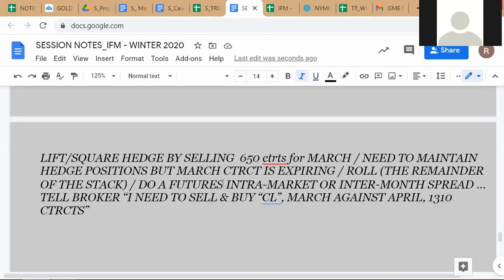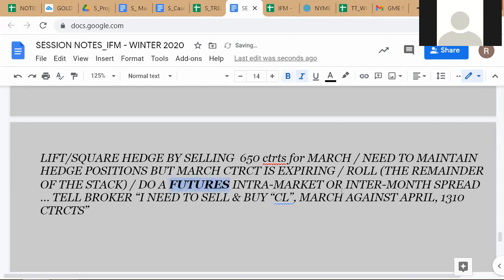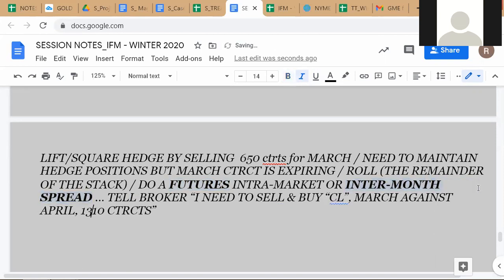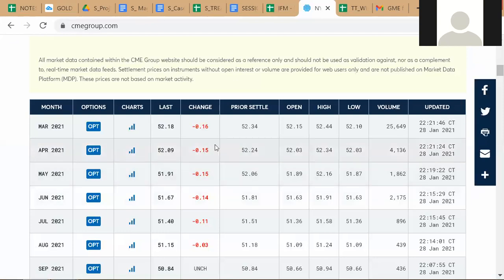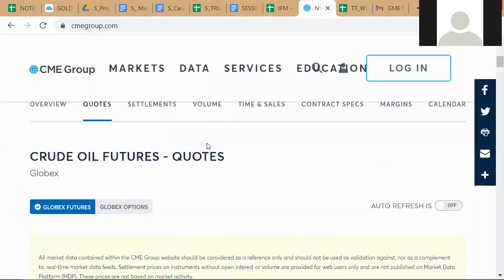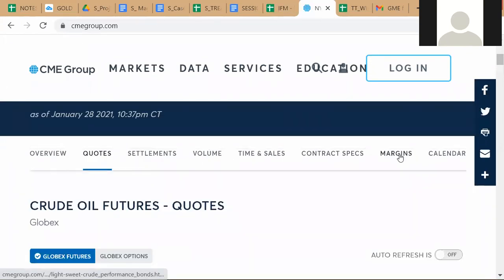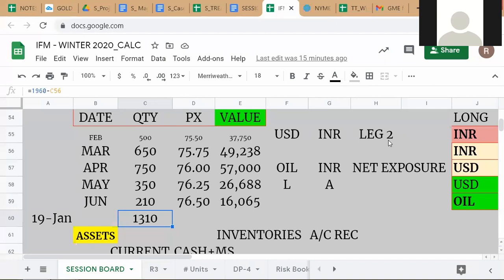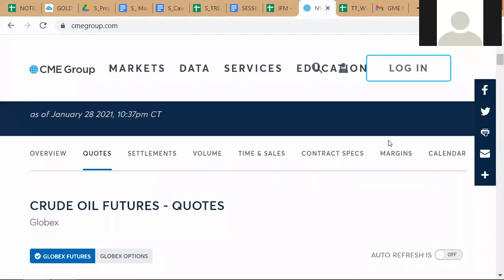If you remember when we discussed margins, you can cross-check this now by going back to the CME website. If you go back to margins and check, you will find that CME charges you much lower margins for spread transactions.